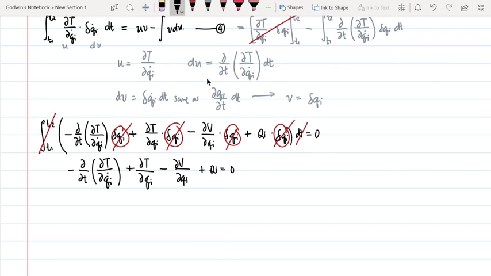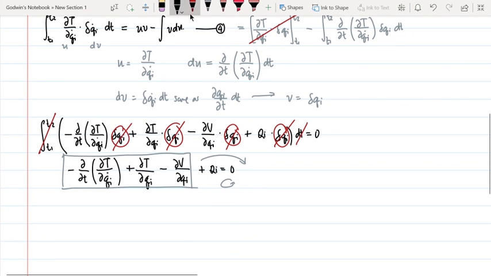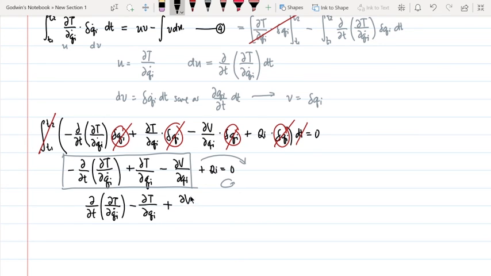So I think Sir's last step is to just transpose these three onto the other side and then flip the equation over. So it becomes the time derivative of the partial derivative of kinetic energy with respect to velocity minus partial derivative of kinetic energy with respect to our generalized coordinate plus our partial derivative of potential energy with respect to our generalized coordinate is equal to our Qi.